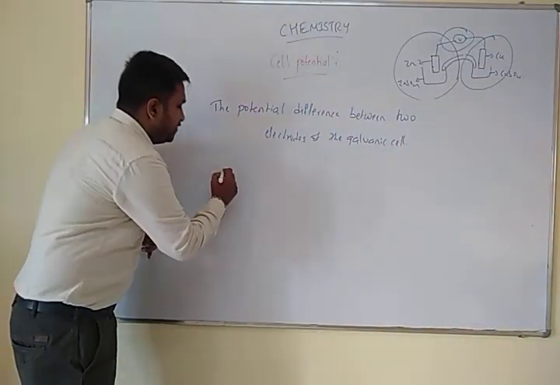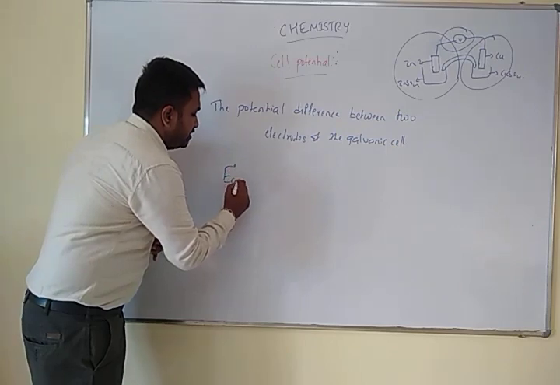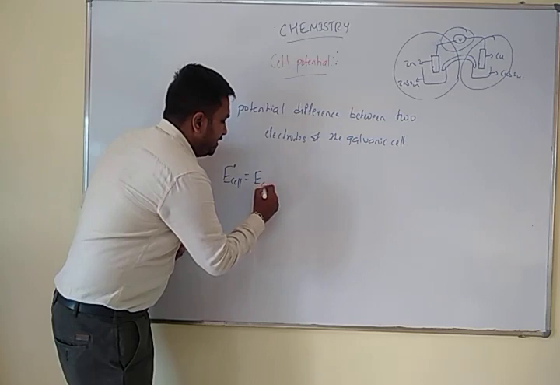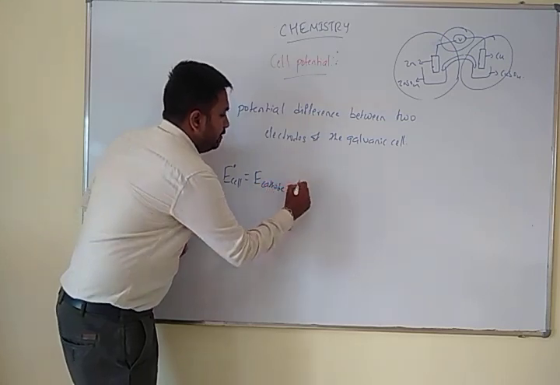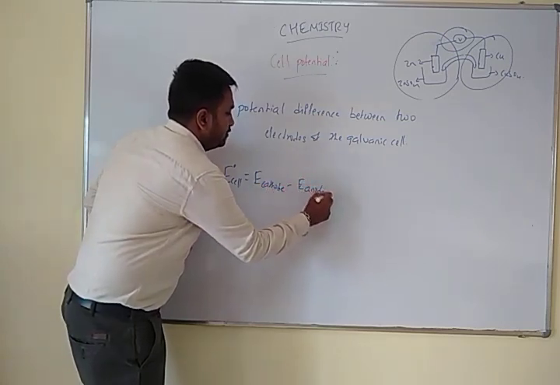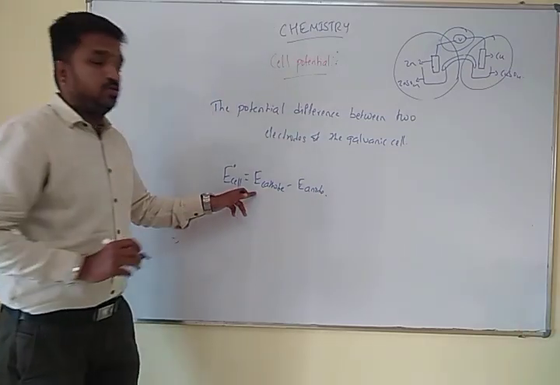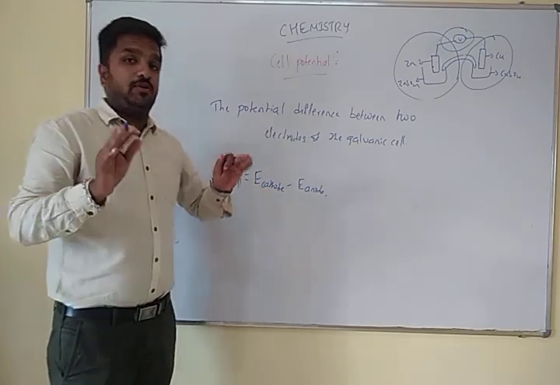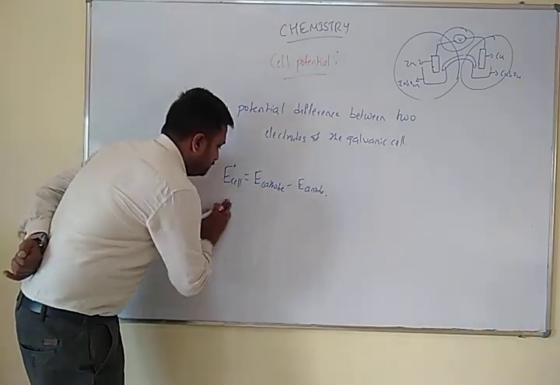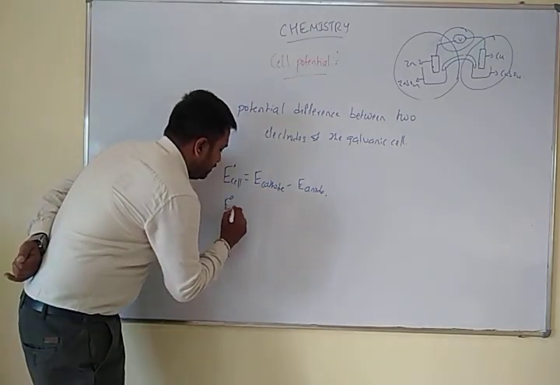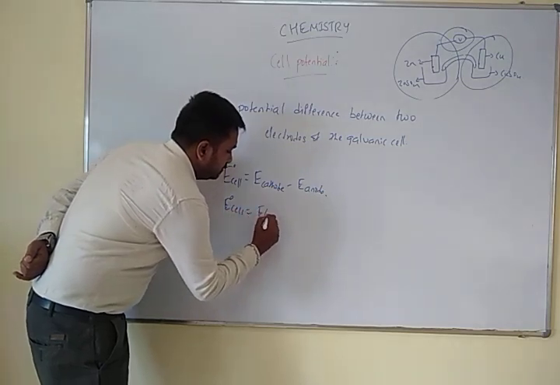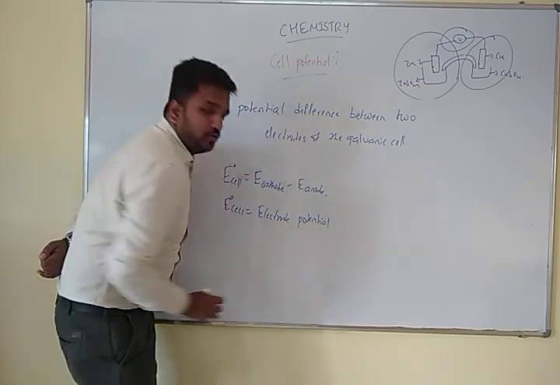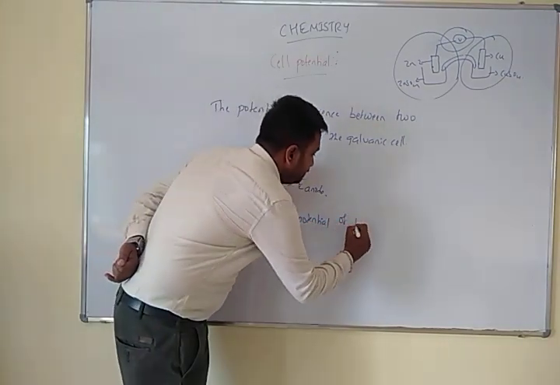So we have the formula for this one. The cell potential is represented by E naught cell. E naught cell is given by E cathode minus E anode. In this case E cathode is the electrode potential of the cathode and E anode is the electrode potential of the anode. E naught cell is the electrode potential of the whole cell.